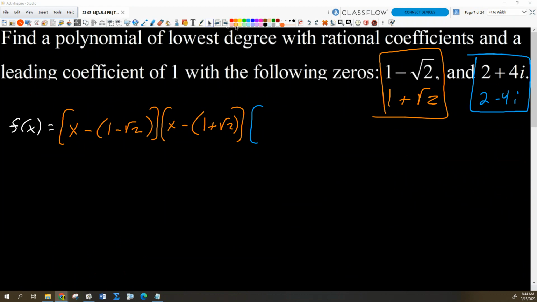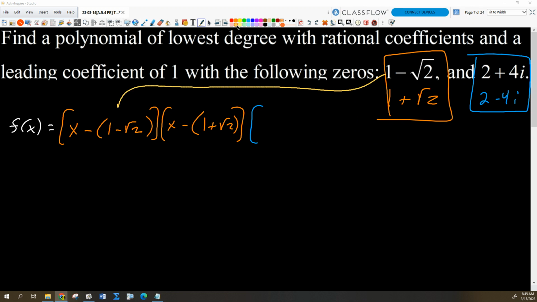Let me make some arrows here. So that 0 gives us that factor. What's the factor that's going to go with the 0, 2 plus 4i?